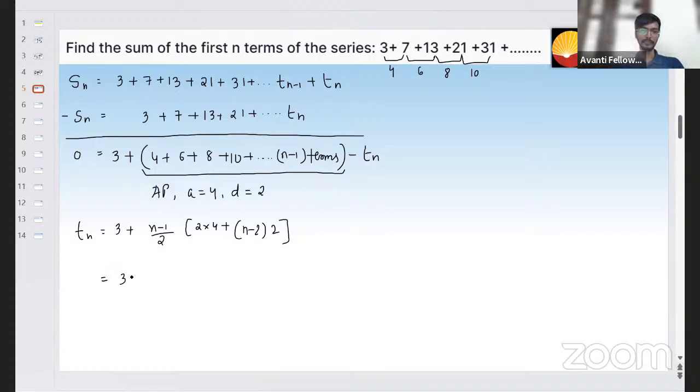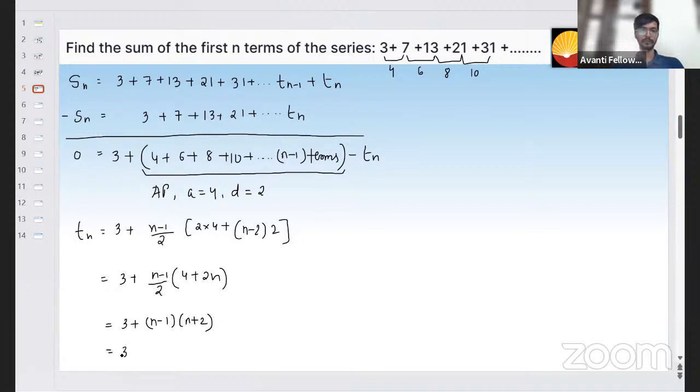So what I'll get is 3 plus n minus 1 by 2 into 4, 2 fours are 8 minus 4, so 4 plus 2n. I can cancel out 2. So I'll get 3 plus n minus 1 into n plus 2.